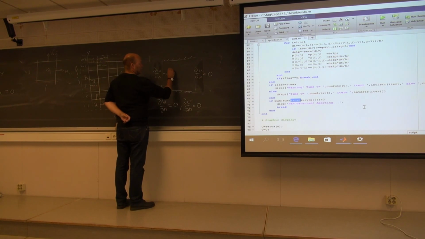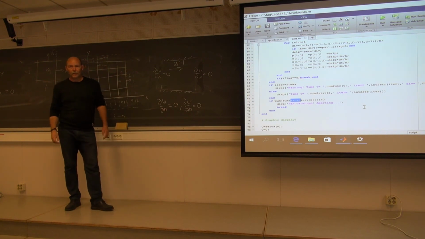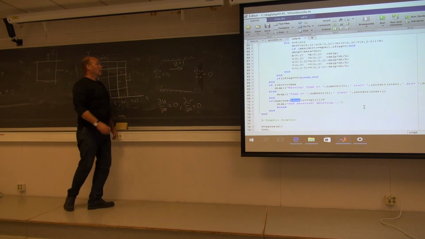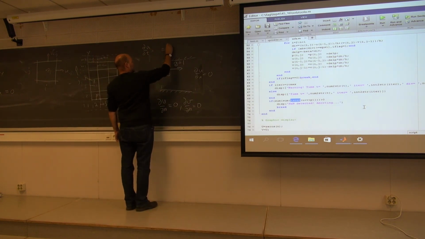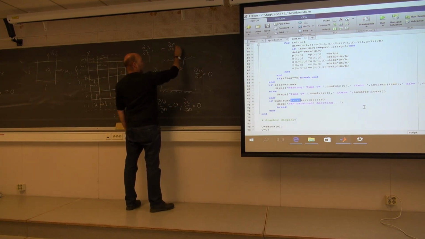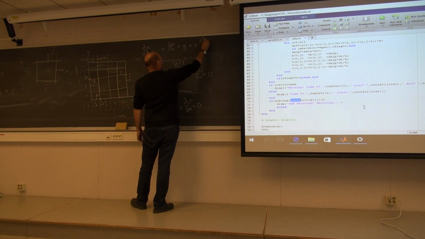We just say gravity is 1, since everything is non-dimensional, and it works in the x direction. How do you add gravity into the Navier-Stokes? Well, du/dt plus and so on equals, and then we have pressure, and then plus gravity, and then plus viscosity, double derivative.